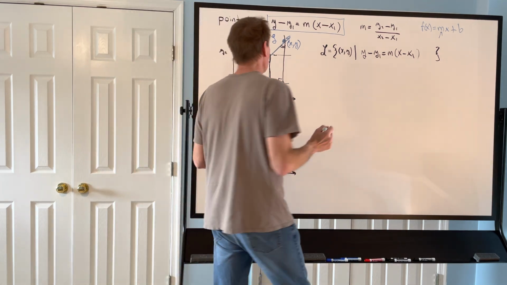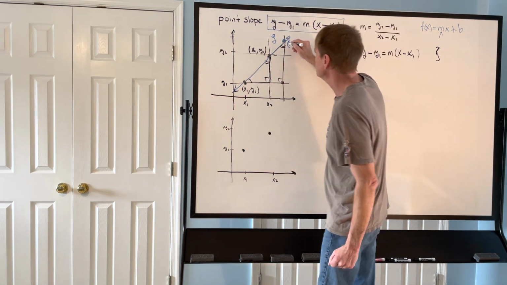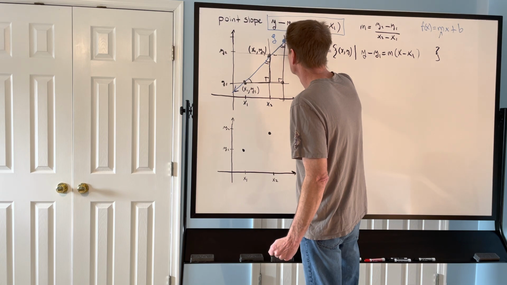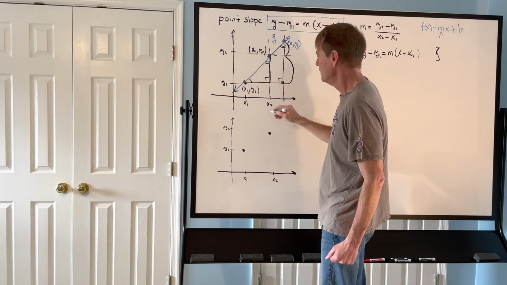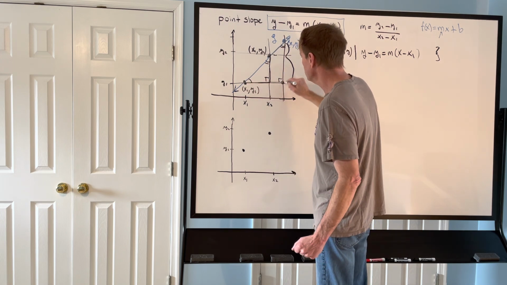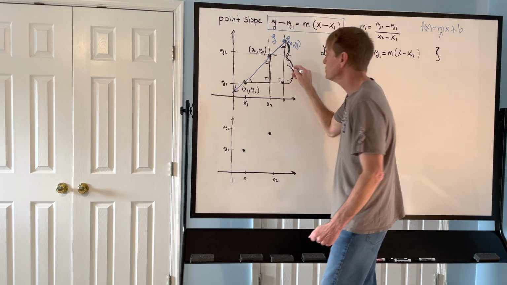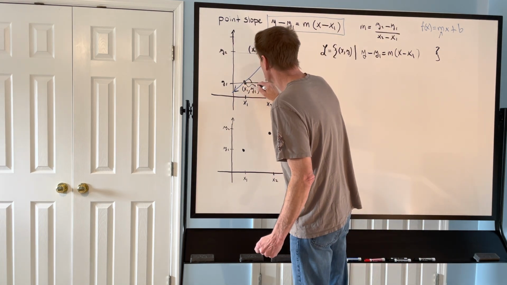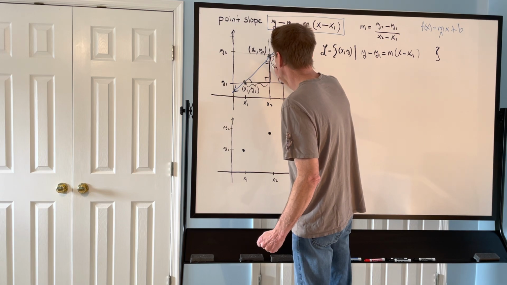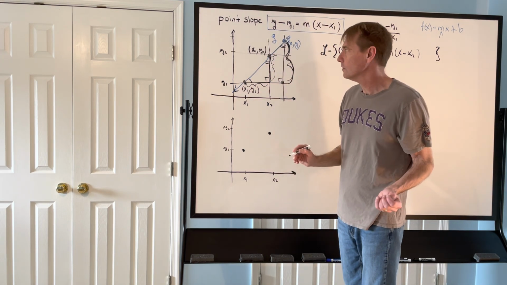Okay, so if I'm looking at that, if this side over this side over this side, big over big, has to be equal to little over little.